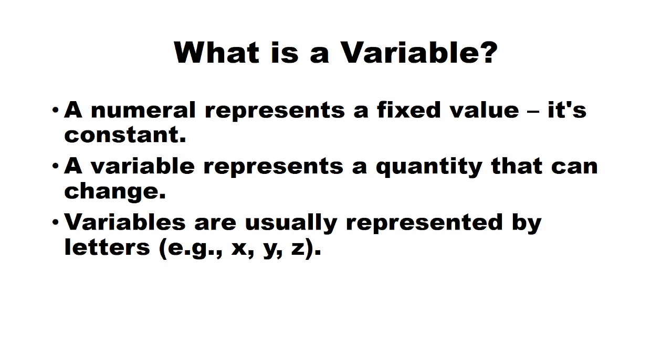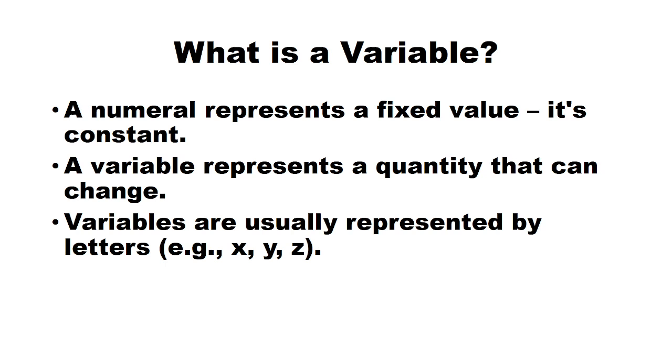On the other hand, variables are quantities that represent values that can change or can vary depending on a particular problem or particular situation in math. No? So, and variables are usually represented by letters of the English alphabet. And the common ones are the letters X, Y, and Z. No?